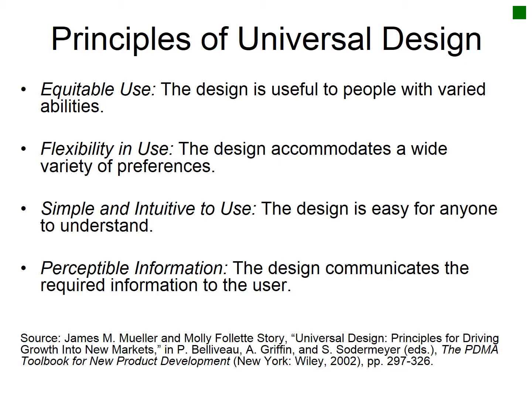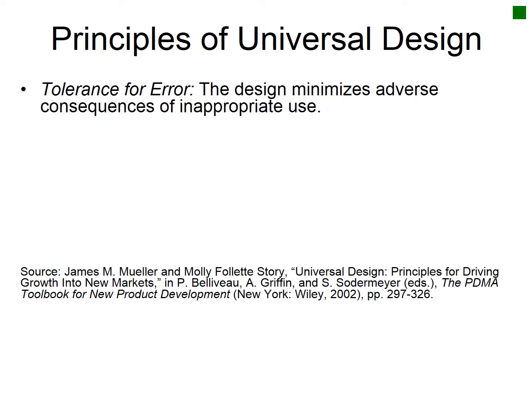Again, these are principles of universal design. When we're creating something, we need to think about who's using it, future use of the product and flexibility, how the product is used, how much information is needed to use it, and how the customer gets that information.